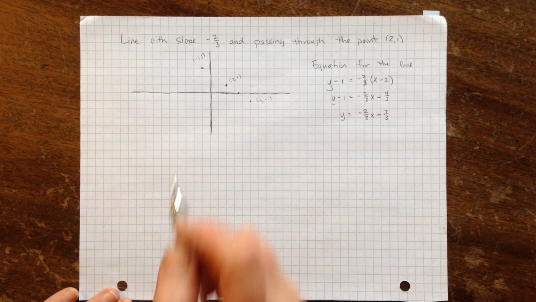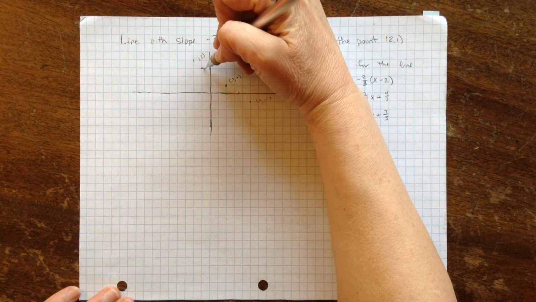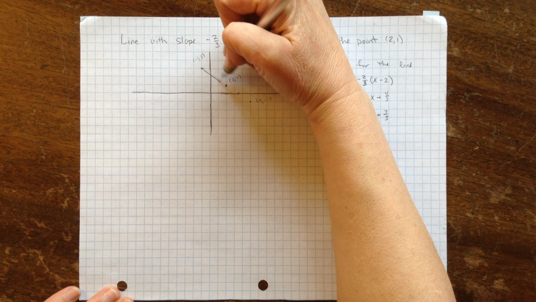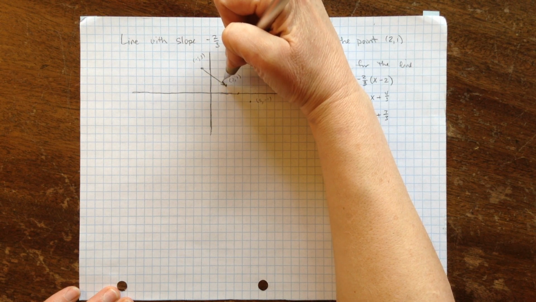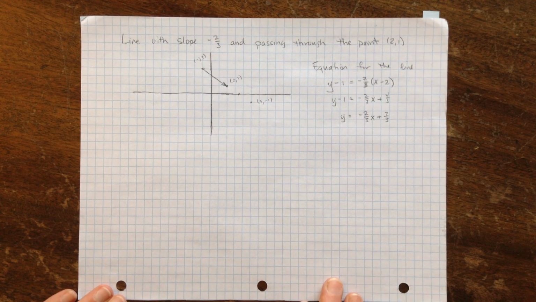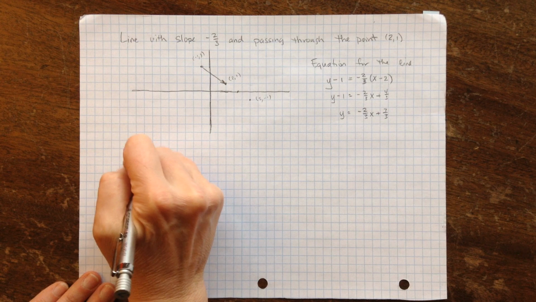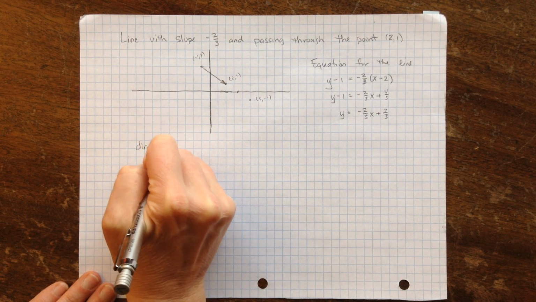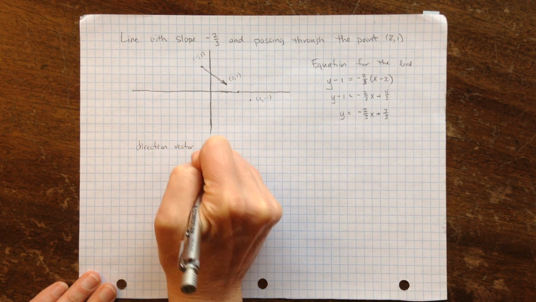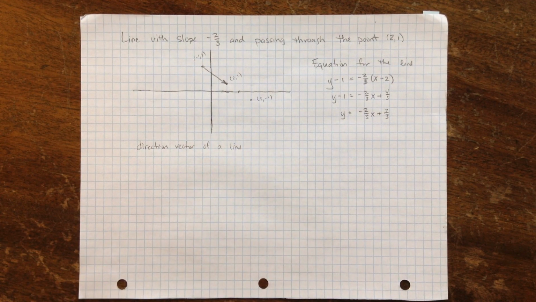Now, if you consider, say, a vector, let me put this vector going this way. So now we have a vector, and this vector is what you can call the direction vector of a line. It can play the same role as the slope.